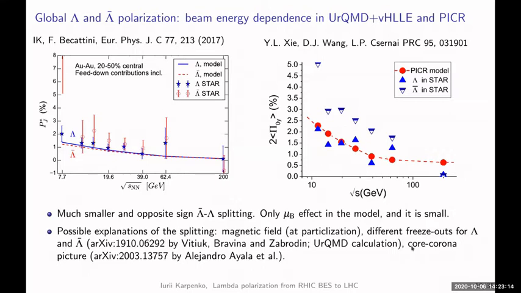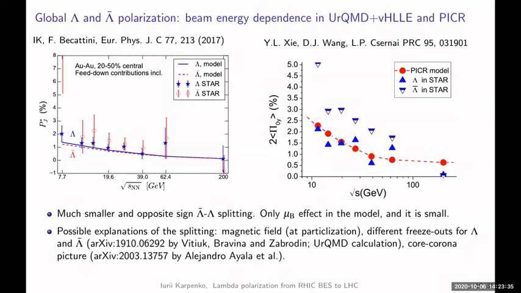There is also the last explanation which I put, from recent papers in the so-called core-corona picture, which goes a little bit in the same direction as the UrQMD calculation.